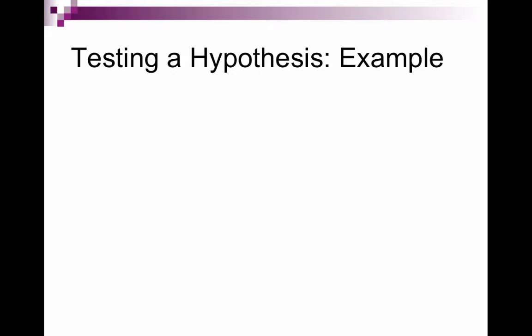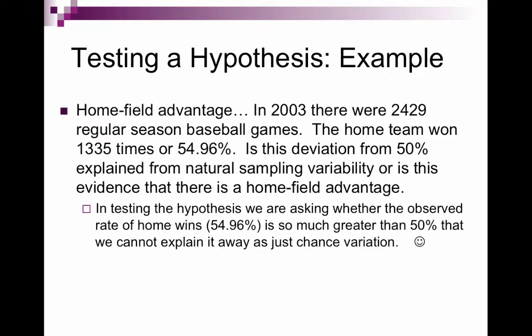So let's go ahead and look at an example. This example is about home field advantage. In 2003, there were 2,429 regular season baseball games. The home team won 1,335 times, or 54.96% of the time.